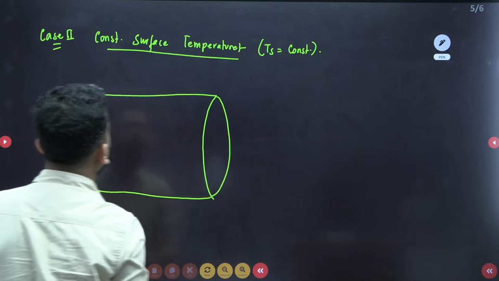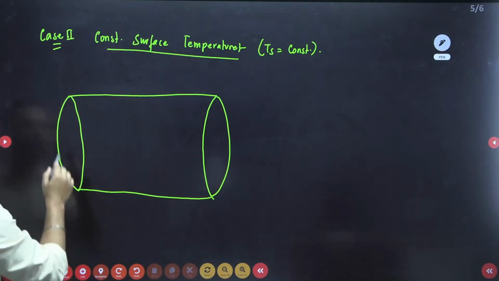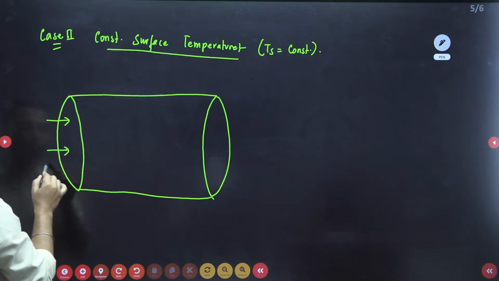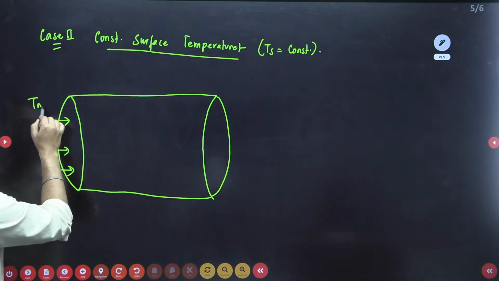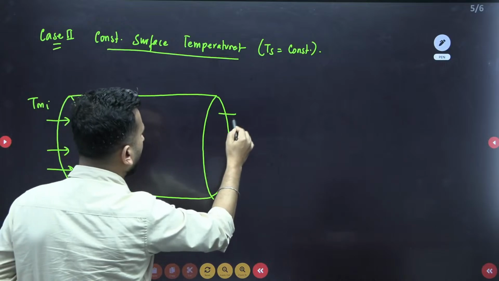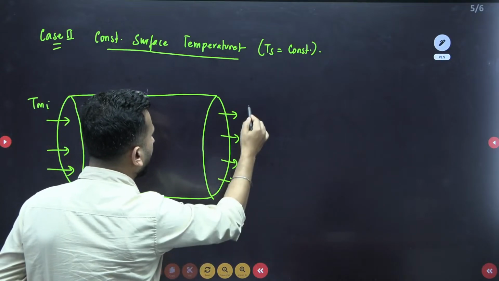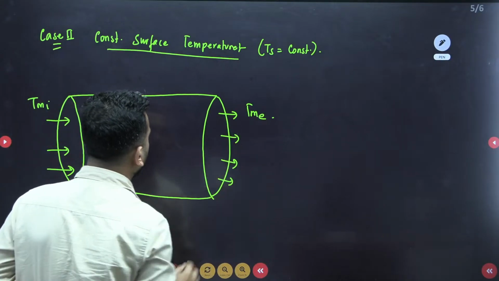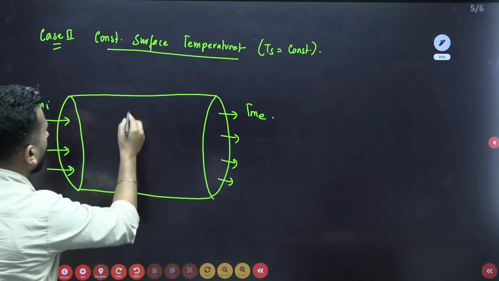Okay, so here everywhere the Ts is constant. This is the Tmi, mean temperature of the fluid at inlet, and this is Tme, mean temperature of the fluid at exit.